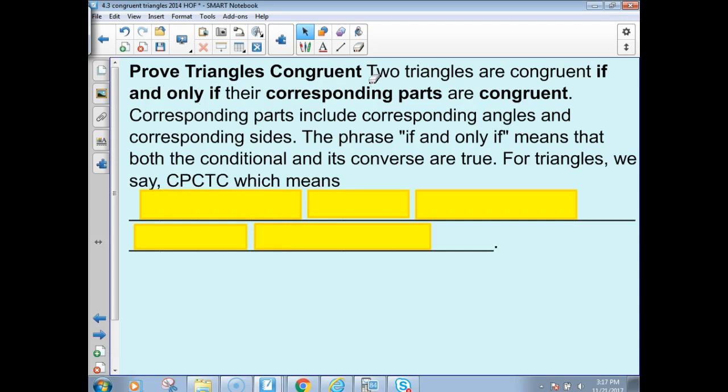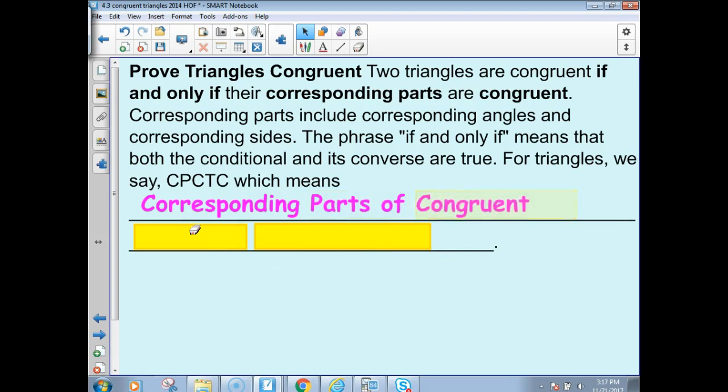Two triangles are congruent if and only if their corresponding parts are congruent. So CPCTC means corresponding parts of congruent triangles are congruent. You better not forget that one.